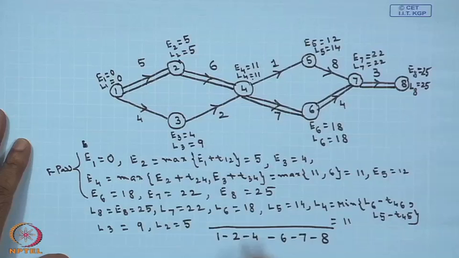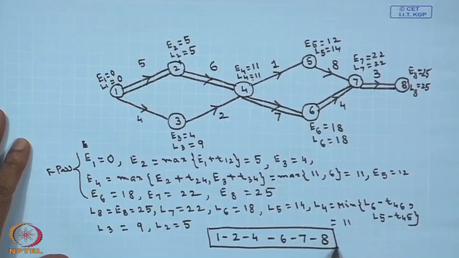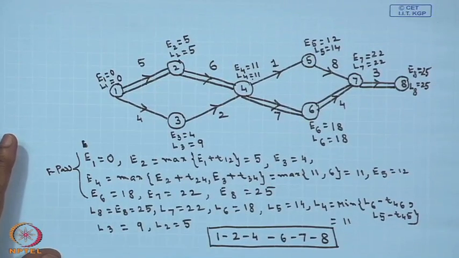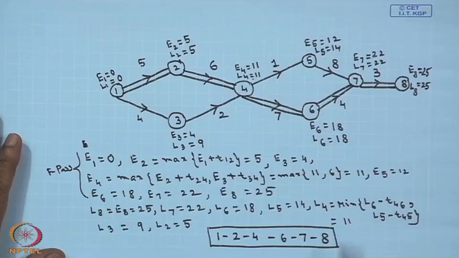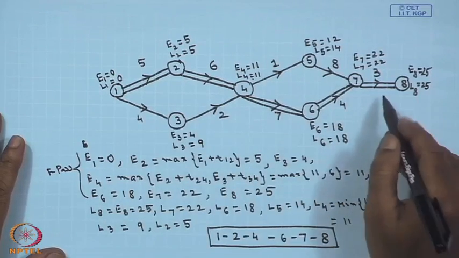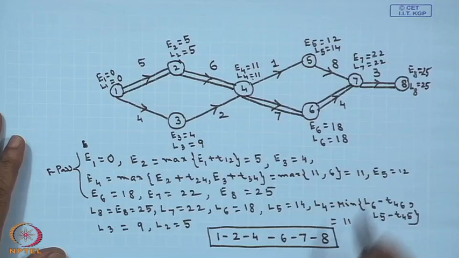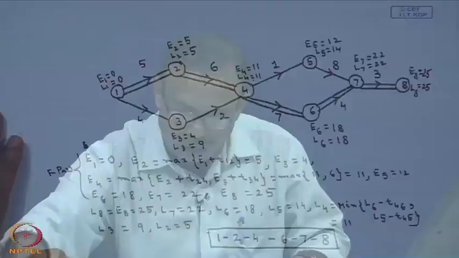This is my critical path. I think the problem is clear now. 1 2 4 6 7 8, and what is the critical duration? The critical duration or the critical time is, path is this, and the time taken will be obviously the maximum value, that is 25.